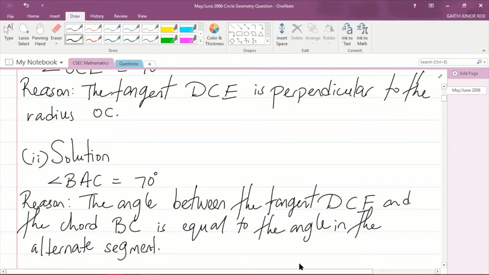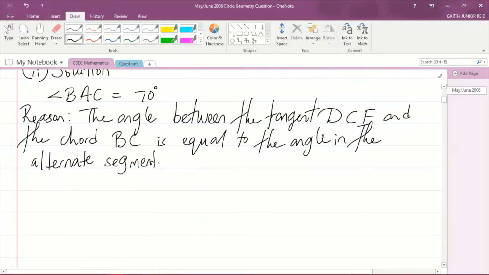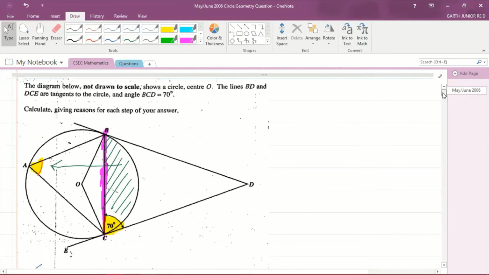If you don't like to use the word alternate, you can use the word opposite instead. So just look at the diagram again.